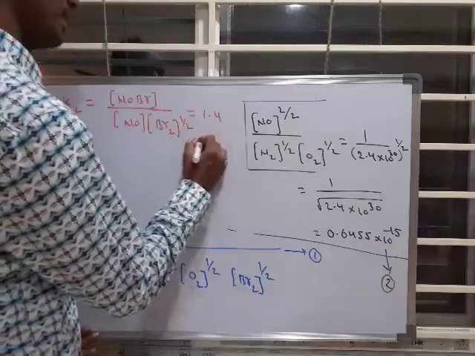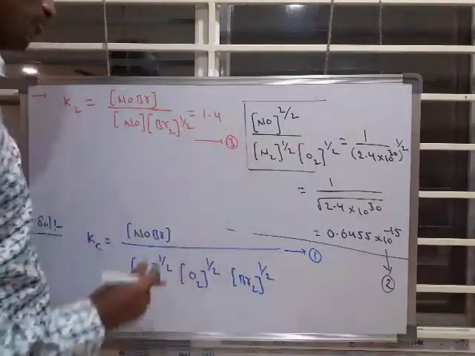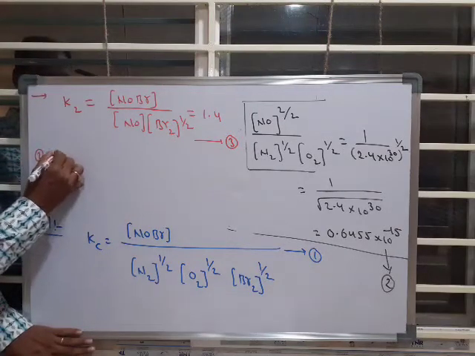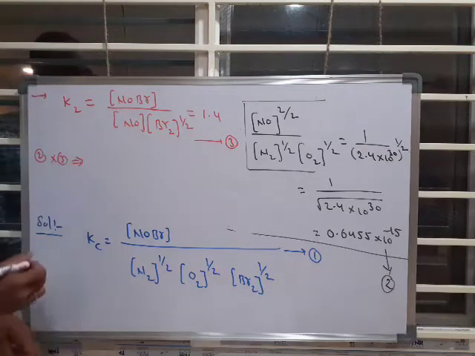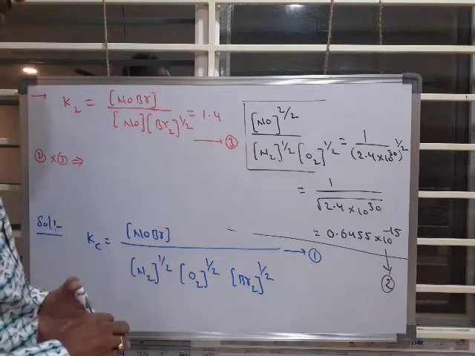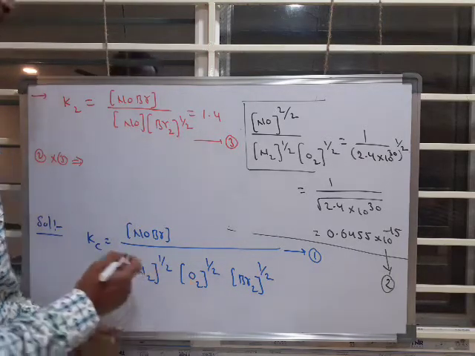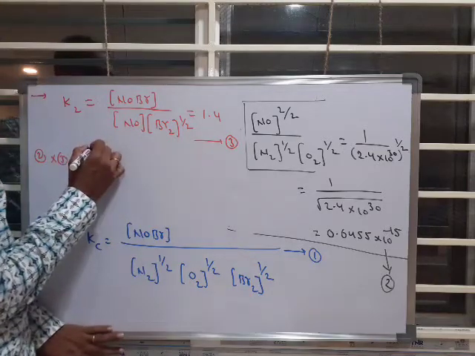So just take it as equation 3. So now do equations 2 and 3. On equating 2 and 3 we will get, so let's calculate directly.